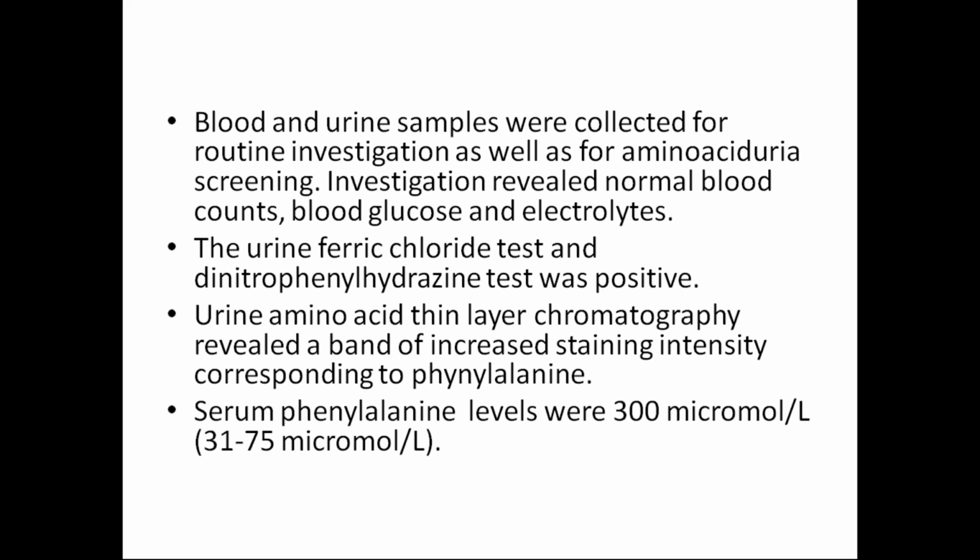You have to perform the urine ferric chloride test and dinitrophenylhydrazine test for phenylketonuria, where they will come positive. After that, you can test the serum phenylalanine level, and thin layer chromatography can be used to check phenylalanine.